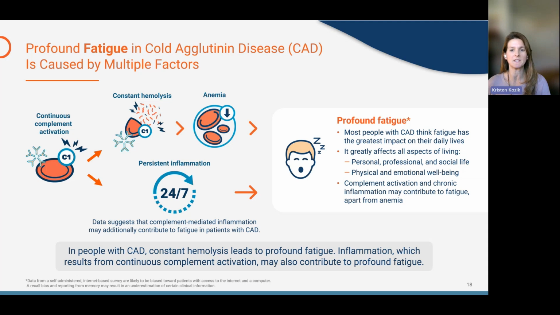But this profound fatigue is the most debilitating symptom for most people with CAD, affecting all aspects of their life and their physical and emotional well-being. It's important to note that the data presented here are from an internet-based study that may be biased towards patients with access to the internet and/or a computer.